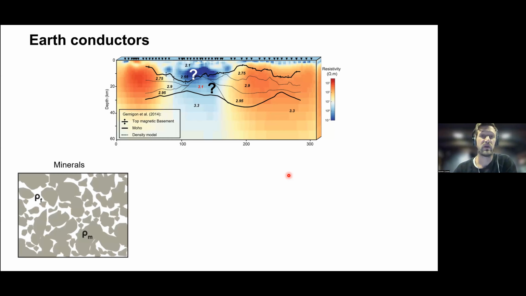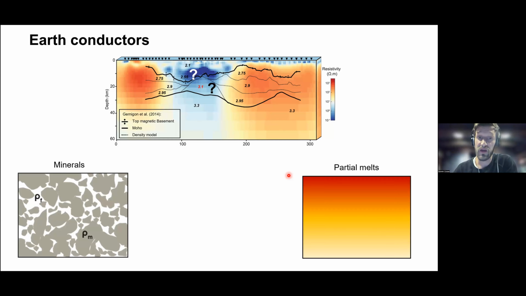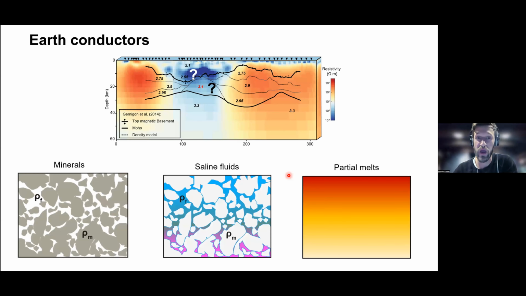There's an absence of intrusions in this basin; we haven't seen any evidence of intrusive activity there. Partial melts are absent. The active rift is long gone, so there are no melts or any other source of high conductivity. So we are left with the interstitial fluids contained in the pores of the sediments.